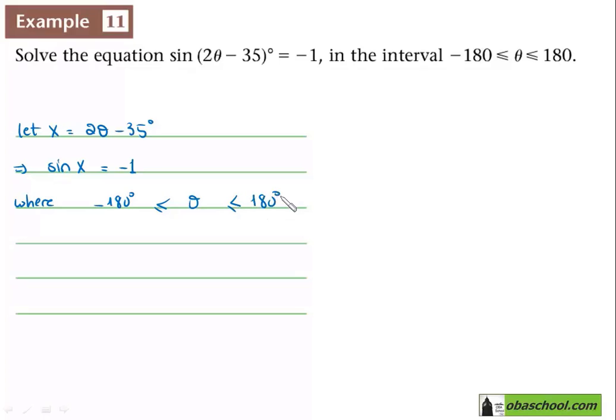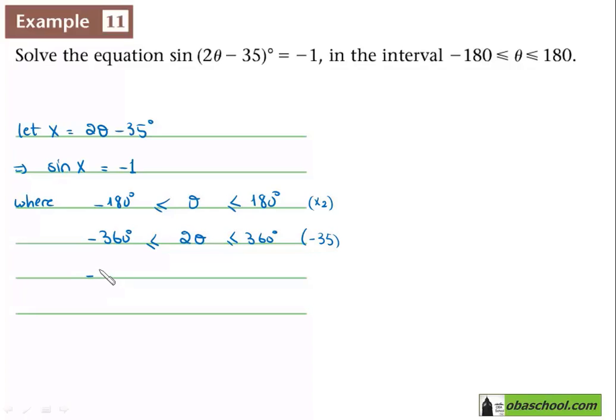2 theta will be between minus 360 degrees and 360 degrees. So we simply multiplied by 2 for the whole inequality. Now we need to subtract the 35 from the whole inequality.